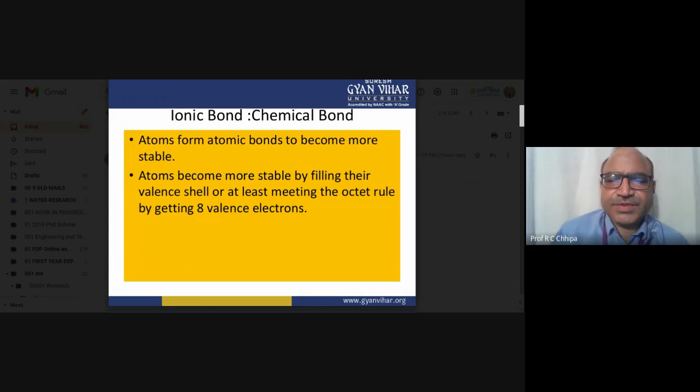In the case of the cation, the charge is of the proton, and in the case of the anion, the charge is over the electron. If there are more electrons, then the charge will be negative. So negatively charged particles are the anions.